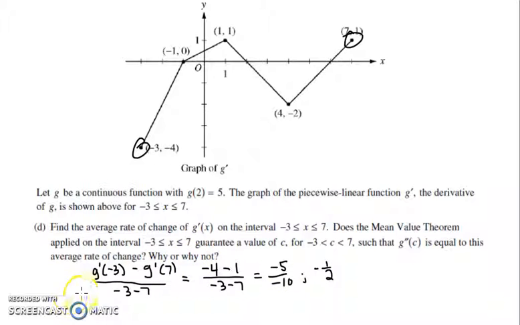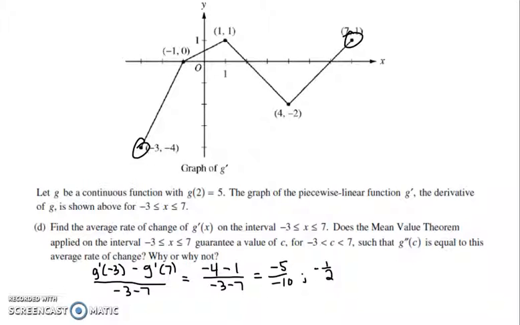So we found the average rate of change of g prime on this interval. Does the mean value theorem applied on that same interval guarantee a value of c for negative 3 to 7 such that g double prime is equal to this average rate of change?